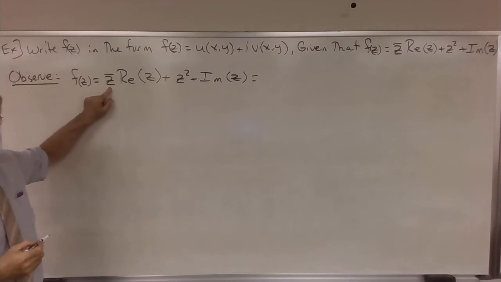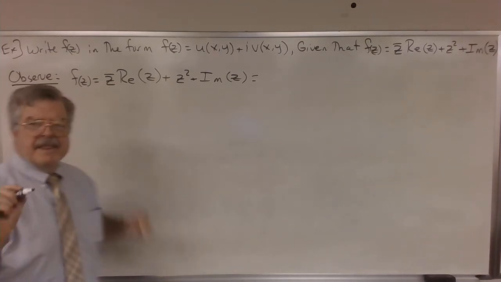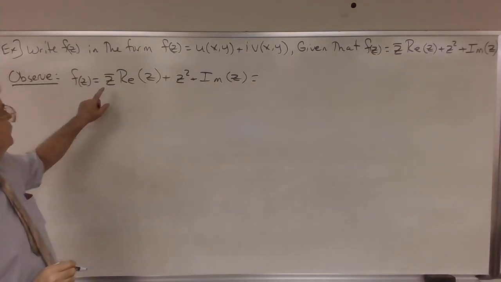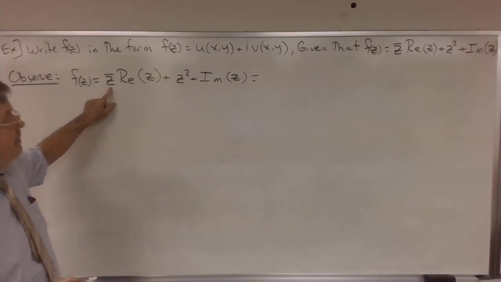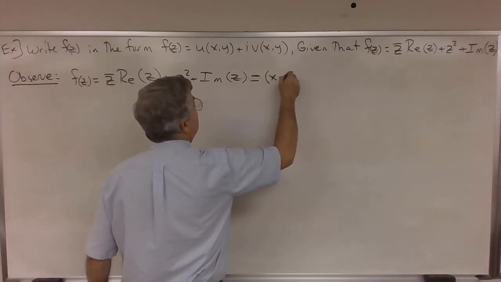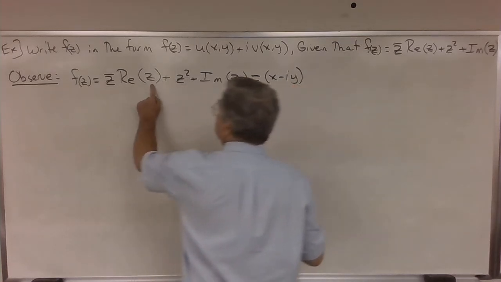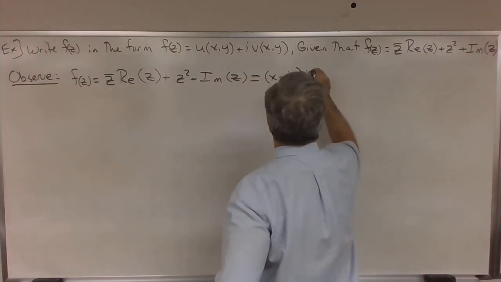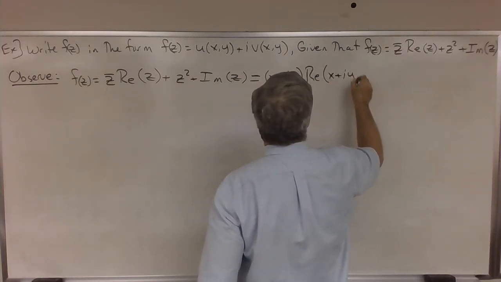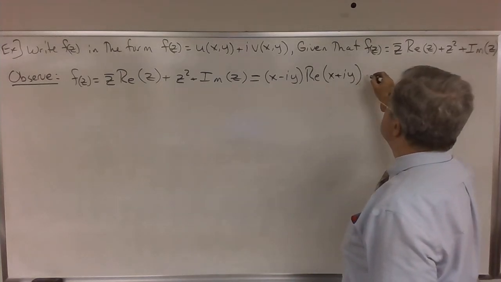Now z is written as x plus iy, so z conjugate will be x minus iy, times the real part of z. Here's z and we want the real part of that.